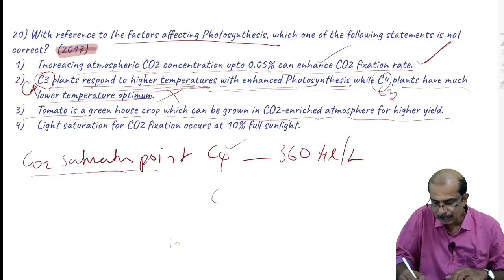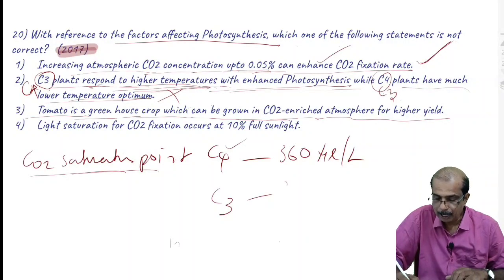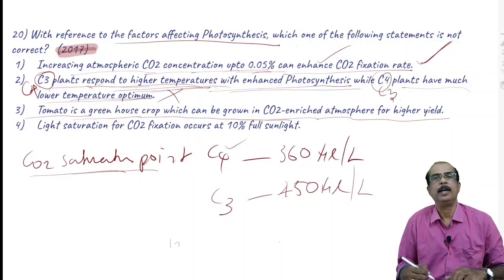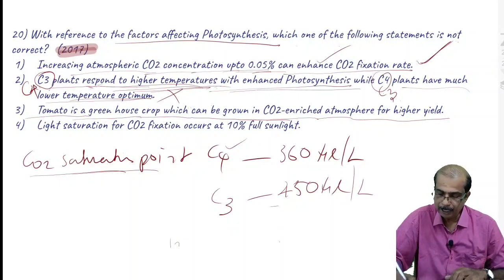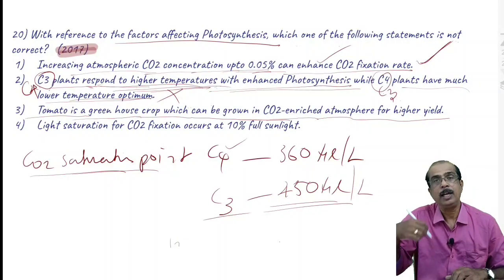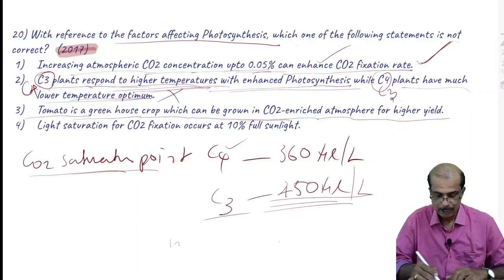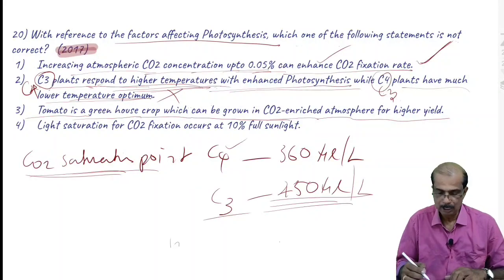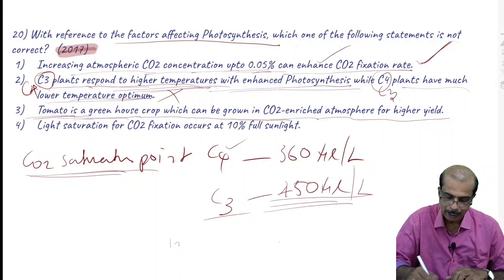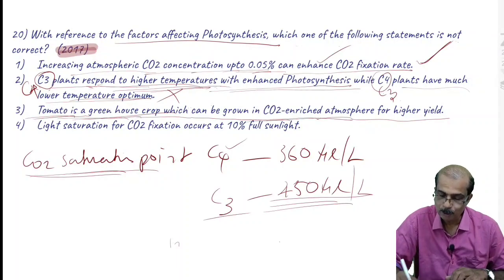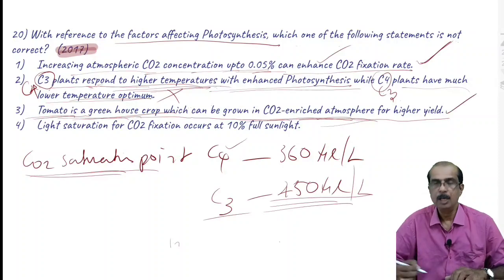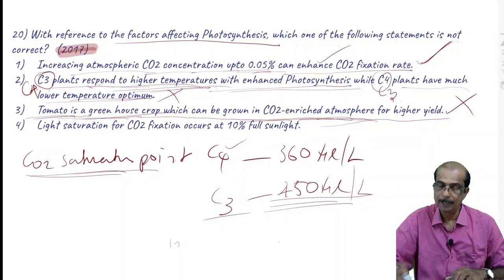In the case of C3 plants it is much higher, 450 microliter per liter of atmospheric air. So, C3 plants show greater photosynthetic rate at higher carbon dioxide concentrations. Tomato is a C3 plant. If tomato is grown in a greenhouse where carbon dioxide concentration is much more than atmospheric, it gives higher yield. The statement is correct.